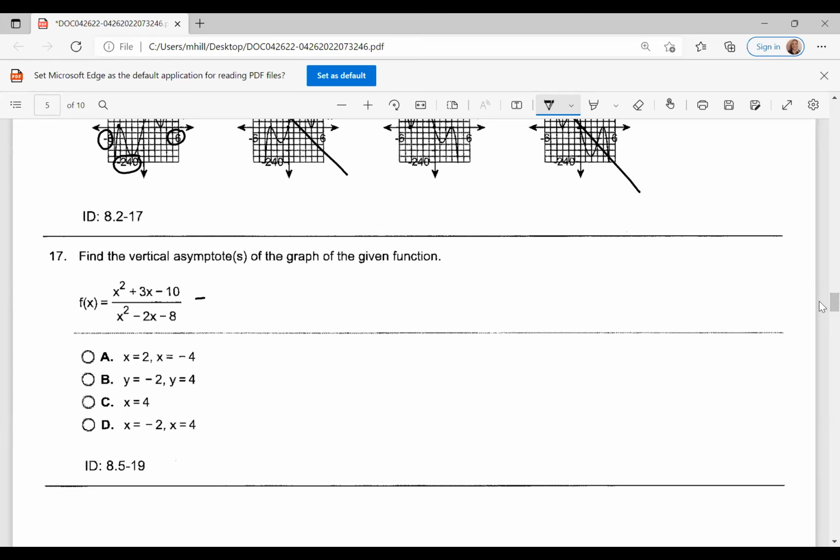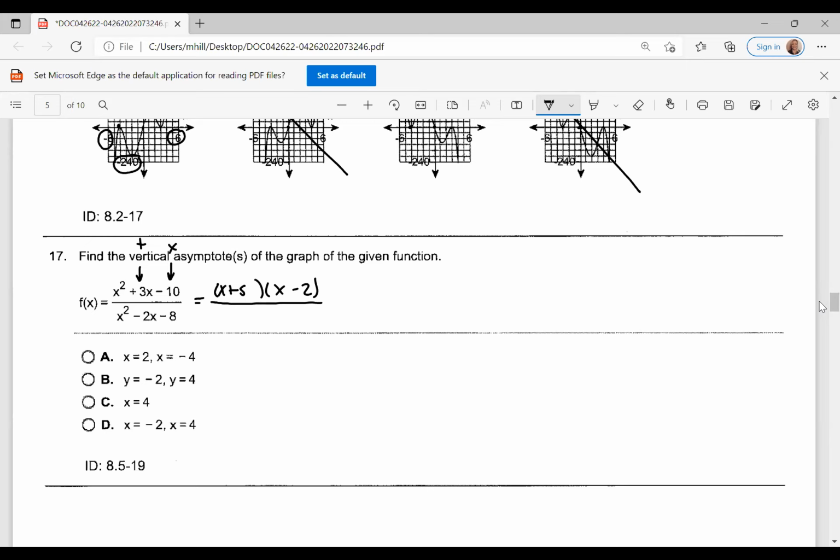So when I'm looking at this, I'm factoring the top part of my fraction, the numerator. So I'm saying, what multiplies to -10 and adds to 3? Well, that would be x plus 5 and x minus 2. 5 times -2 is -10. 5 plus -2 is 3.